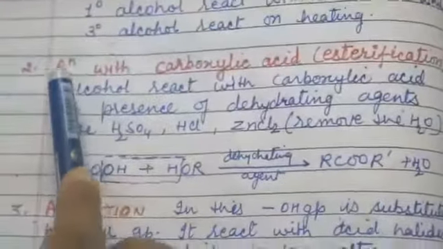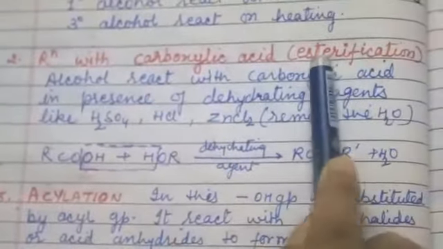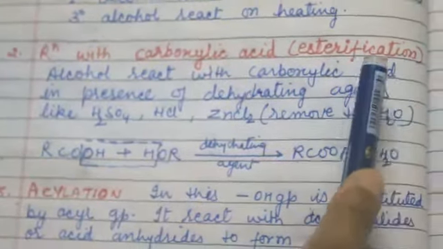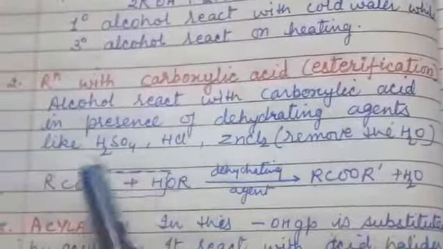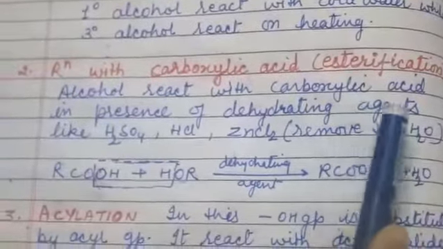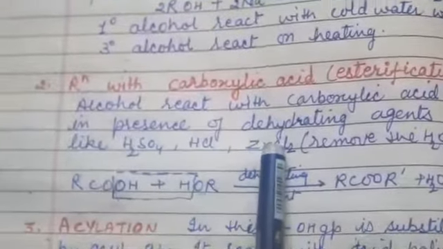Now come to the second reaction, with carboxylic acid. It is also known as esterification, because ester is formed. Alcohol reacts with carboxylic acid in the presence of a dehydrating agent, which removes water molecules, like sulfuric acid, HCl, zinc chloride.